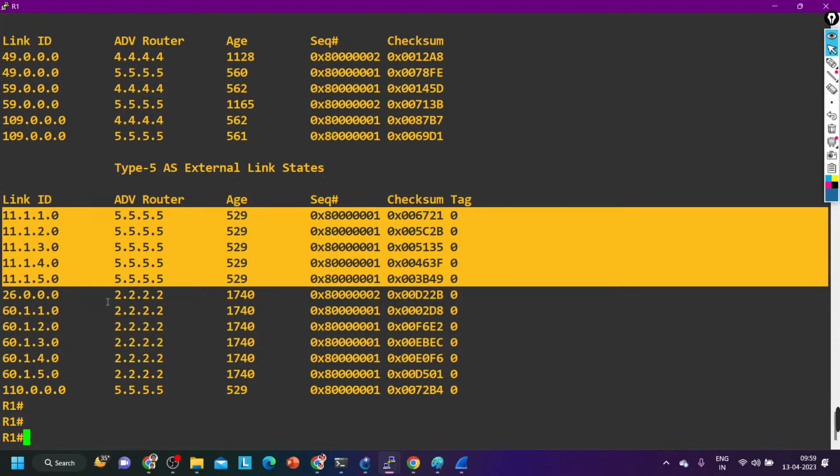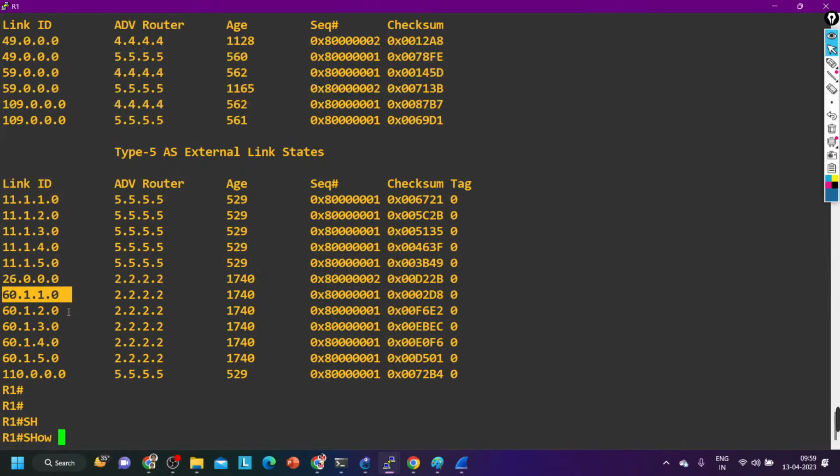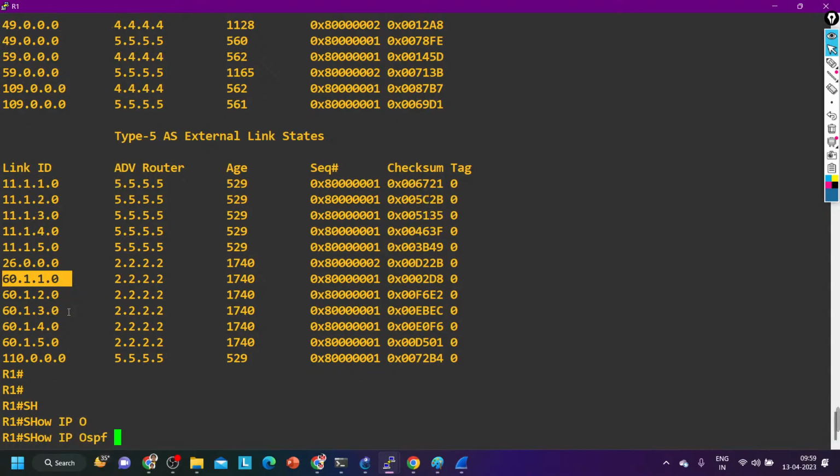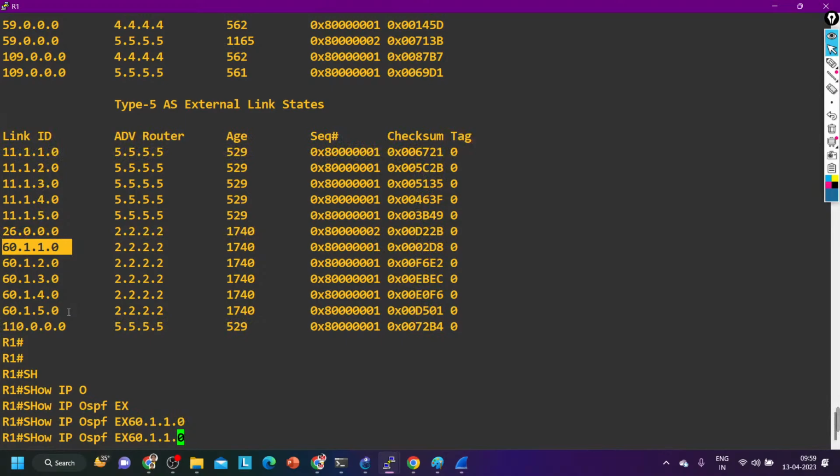So actually this router will check who is actual forwarder, and whenever your ABR router will convert LSA 7 into LSA 5, it will put forwarder address. Otherwise in normal LSA 5, forwarder address is what? 0. If you will check this LSA, this external LSA, so IP OSPF external and 60.1.1.0.